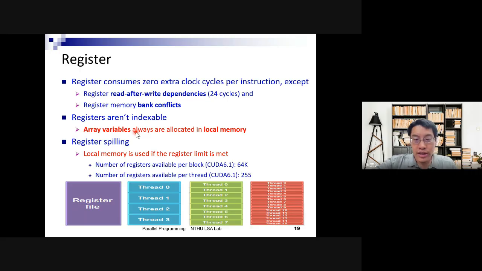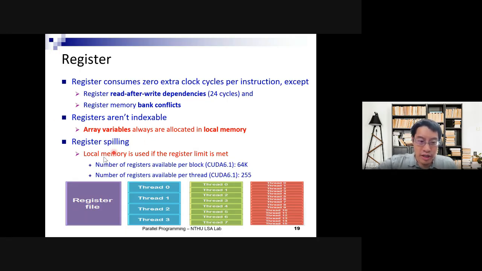That's why for most CUDA code, we try to avoid using arrays in the kernel function. If we use it, then the array usually is for shared memory. But if it's just a local variable, then you will not try to use an array, because you guarantee the data will be stored on the local memory, which is worse than shared memory, right? So why would you do that, right?